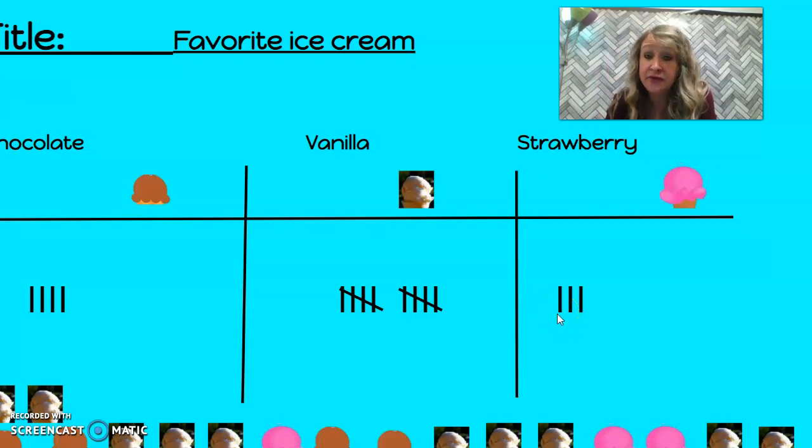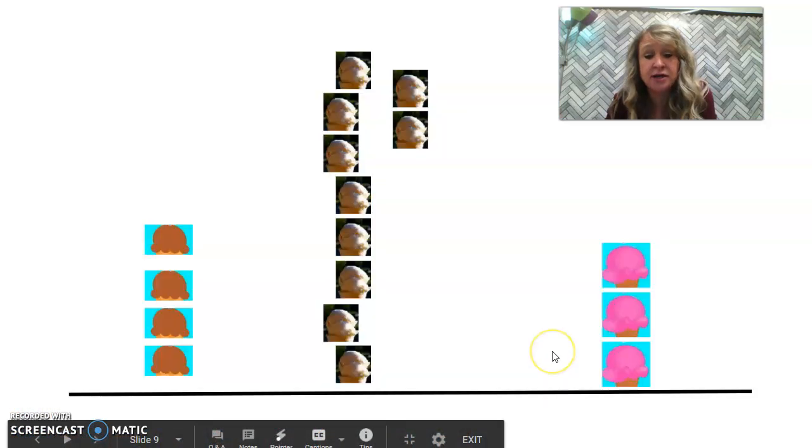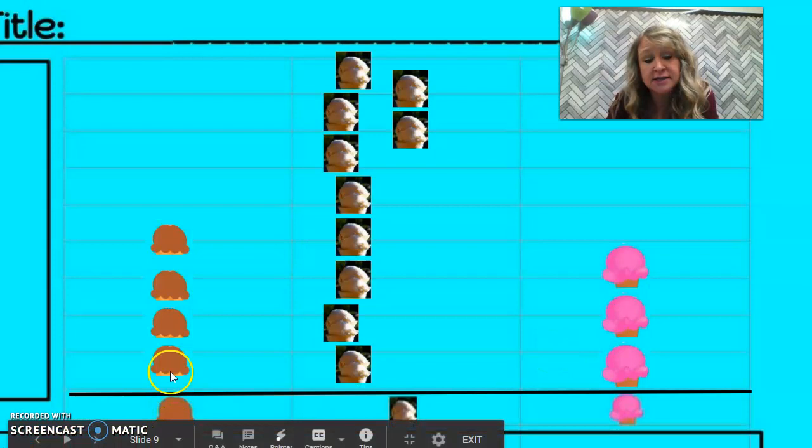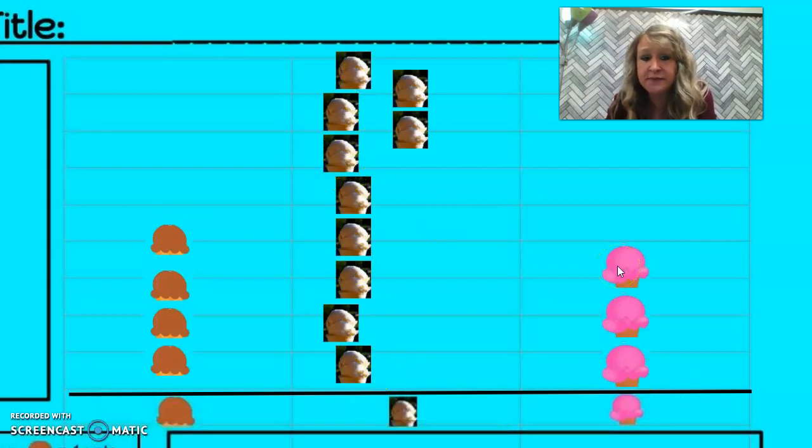So then Friday, using this tally chart, you made a picture graph. You dragged the ice creams to the spot that they belong to, above the ice cream flavor. And here we have 4 chocolate, our 10 vanilla, and our 3 strawberry.